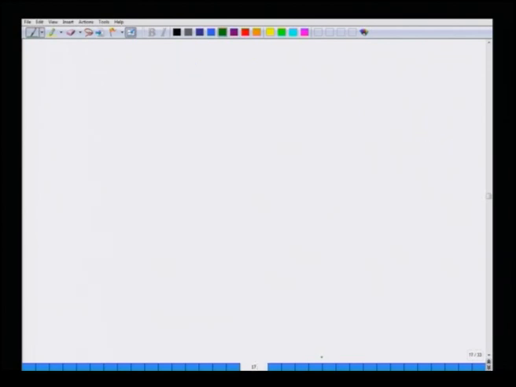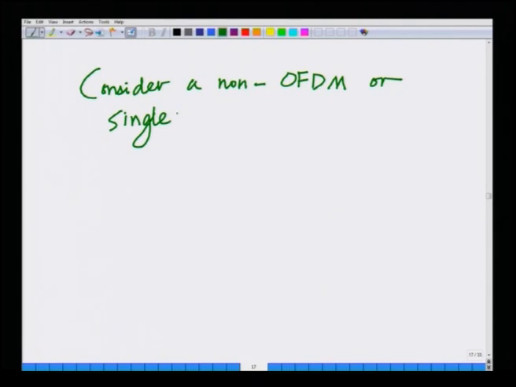For instance, consider a typical non-OFDM transmission system. Let us go back for a moment to understand this. Let us go back to a single carrier system. Consider a non-OFDM or single carrier system. OFDM is a multi-carrier system. So, I am saying let us go back and consider our single carrier system.